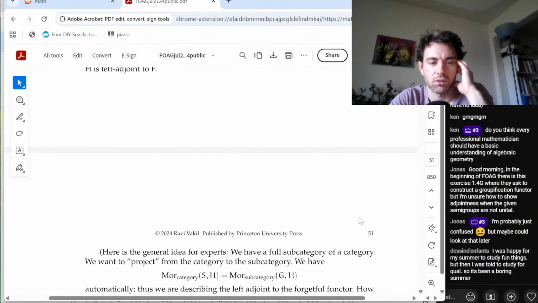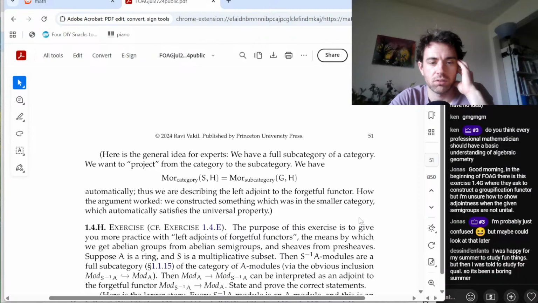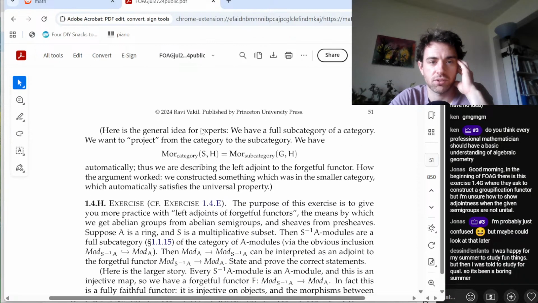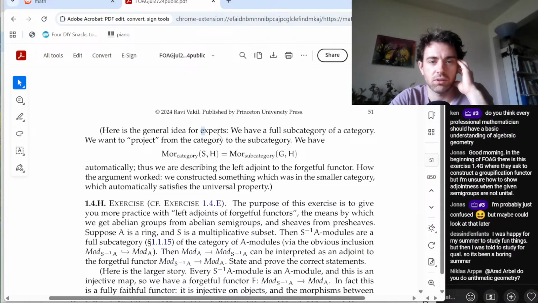Okay. And they even give us the general idea for experts. We have a full subcategory of a category. We want to project from the category to the subcategory. We have this automatically.